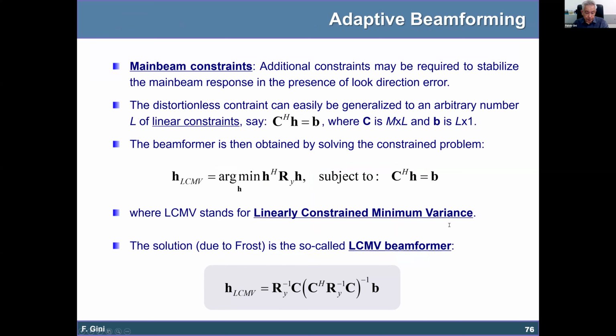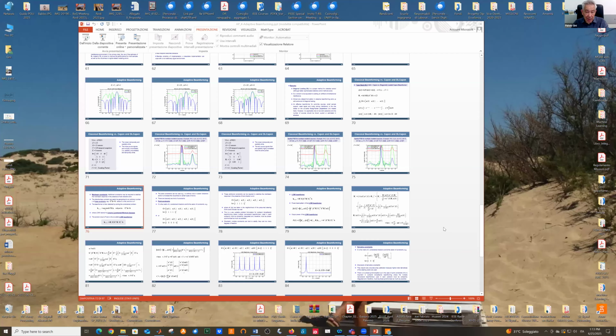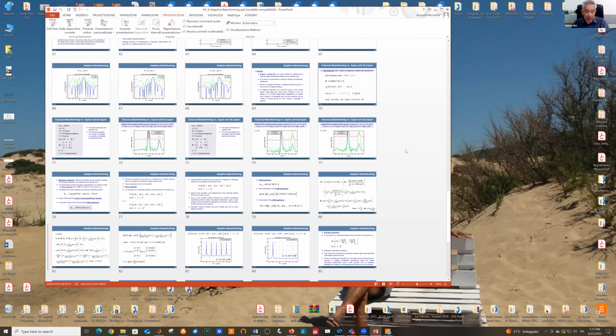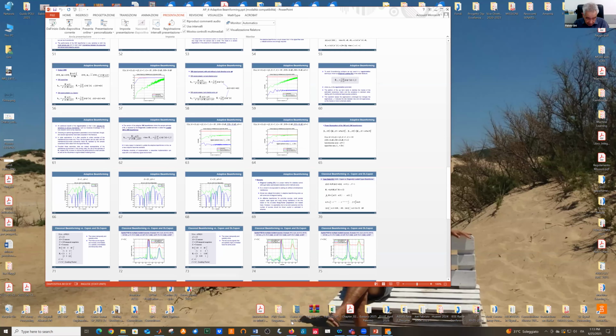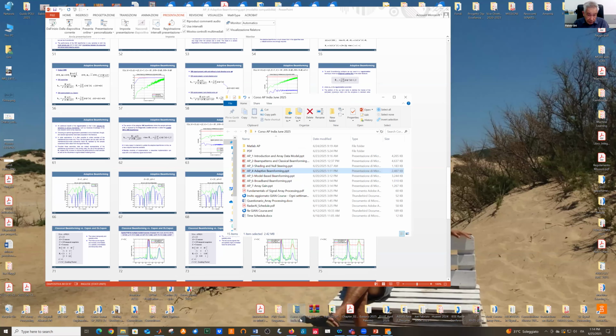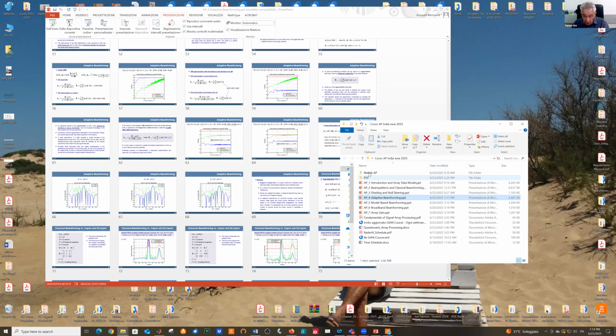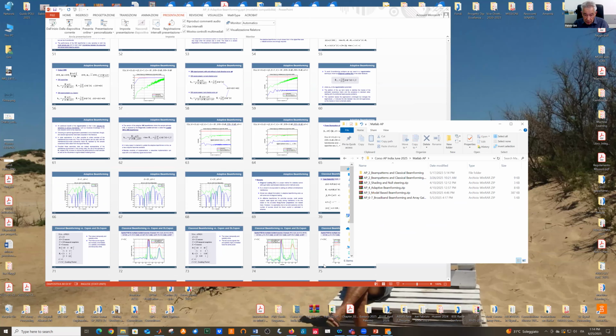So I will send you now all the MATLAB code, so you can spend the last 10 minutes to rederive some of these figures, and obviously you can use them tomorrow morning. So here it is.